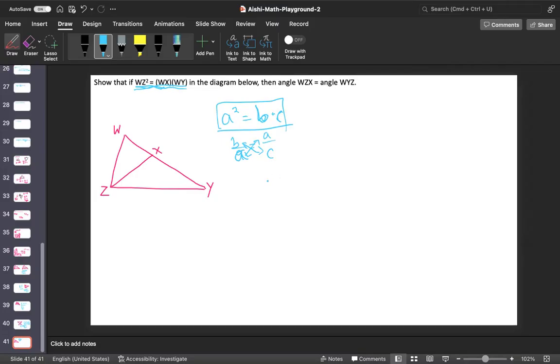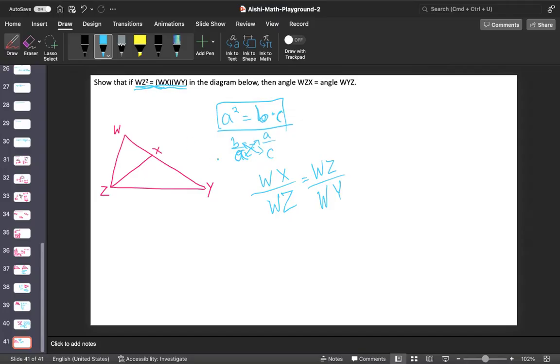So we would have WX by WZ is equal to WZ by WY. Okay, and then we can cross multiply, and we'd end up with this original equation.